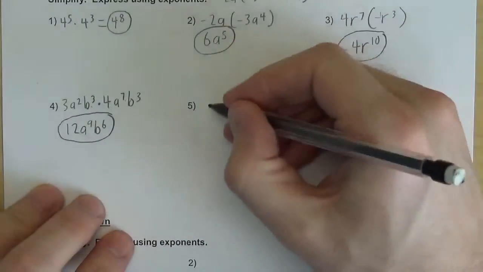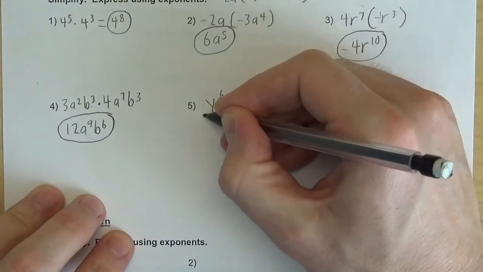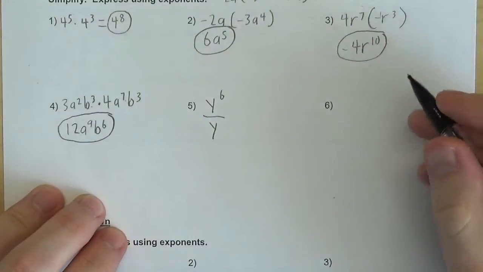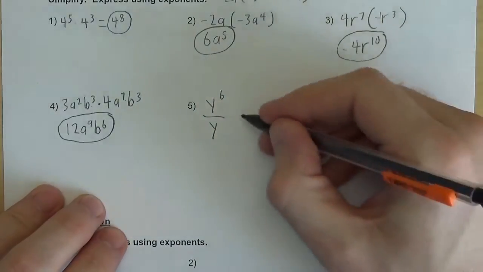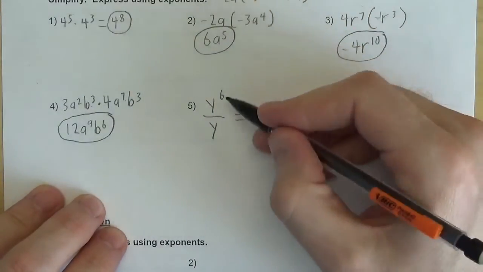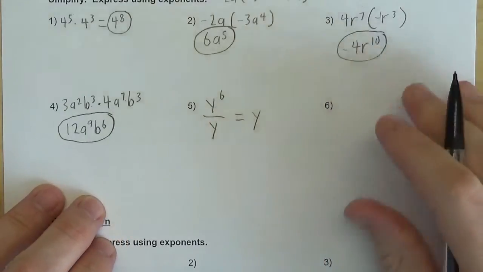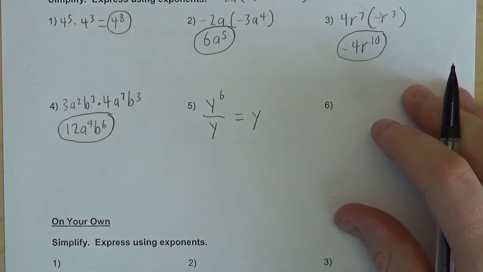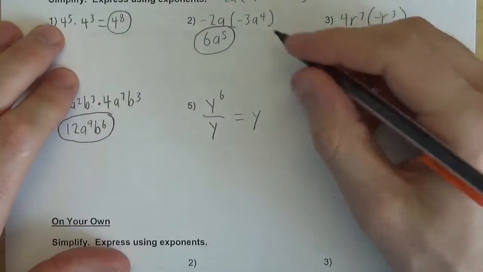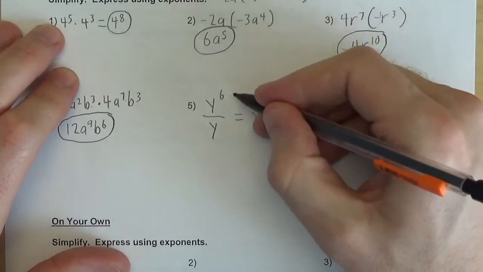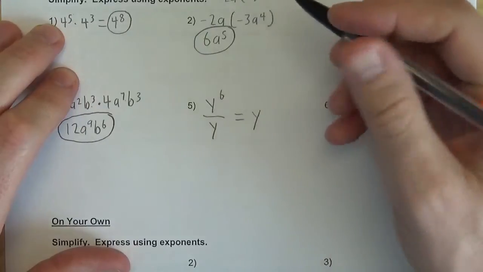All right, number 5, let's do a little dividing here. Y to the 6th divided by y. We divide powers. You keep the base the same. This is y to the 6th divided by y, so it still stays y to some power. And you can think about this for a minute, and I want you to write this with me. Let's think about, we're going to subtract these exponents, right?